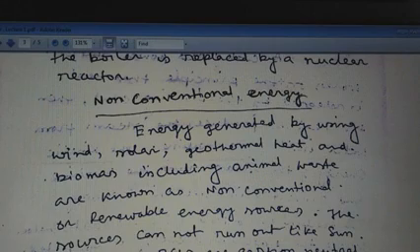Next point, the user of this source of energy has to make a huge additional investment cost before he gets some benefit from it. Next point, due to their low energy density, these energy sources have low operating temperature leading to low efficiency. Next point, due to low operating efficiency, heat rejections are large, which causes thermal pollution of the surrounding areas.